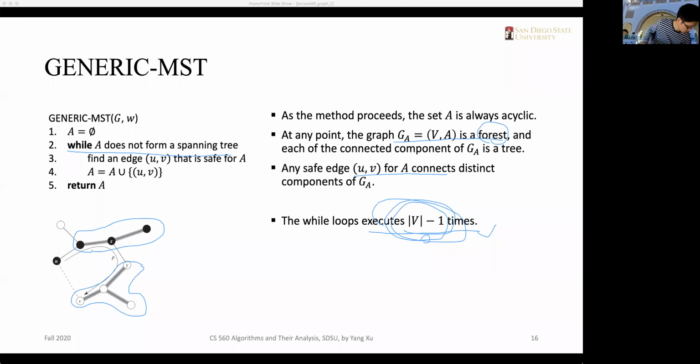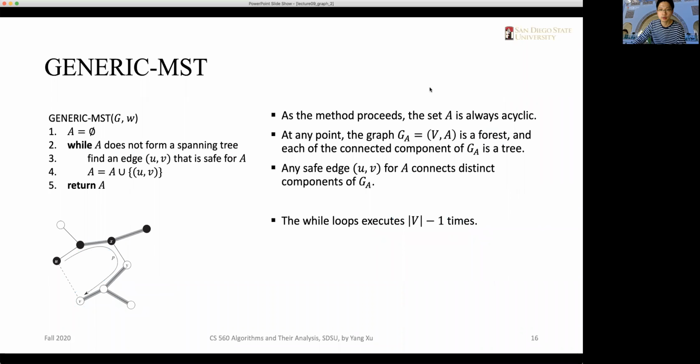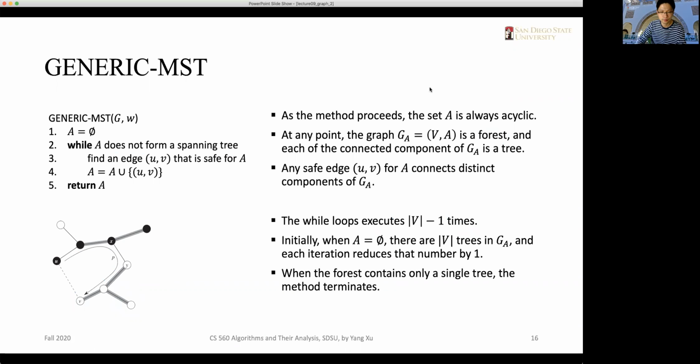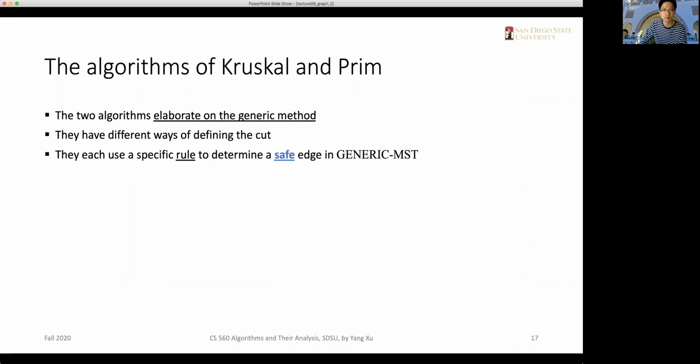So after this page, let's look at a concrete example here. Yeah, so the algorithm will end up with a single tree, and that is the point where the while loop will terminate. Okay. So we will introduce two algorithms, Kruskal's and Prim's algorithm.